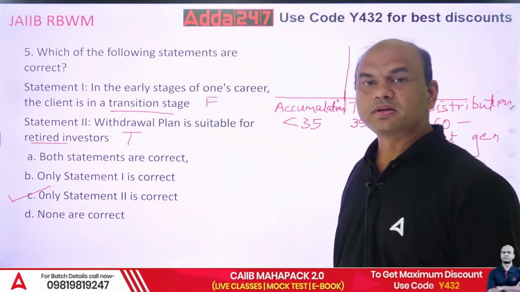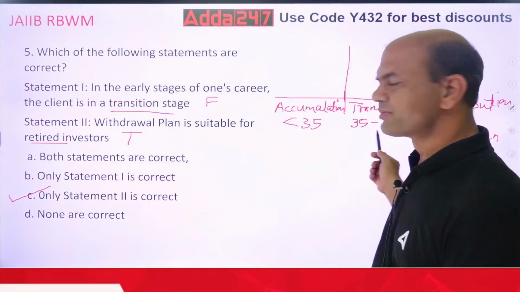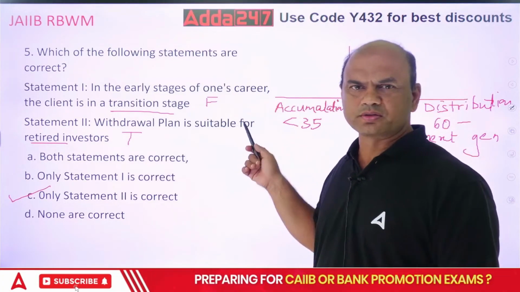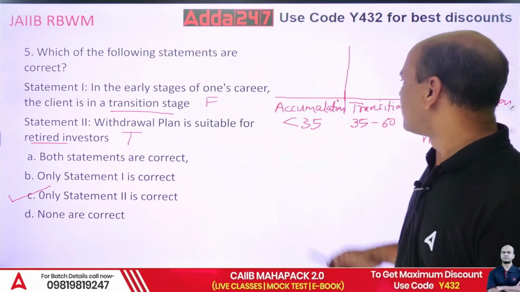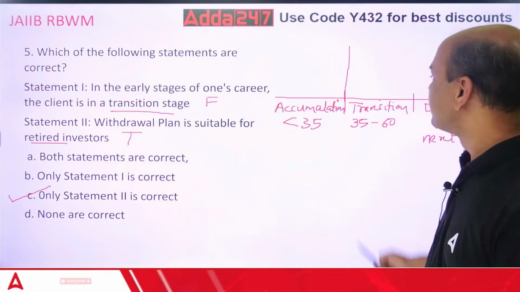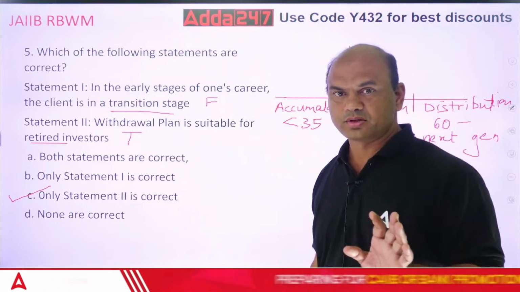Transition phase is after the age of 35 till about 60. It depends. Sometimes we write it 40 also. So up to the age of 60, generally the person is in the transition phase. In this phase, the person does not buy anything new.